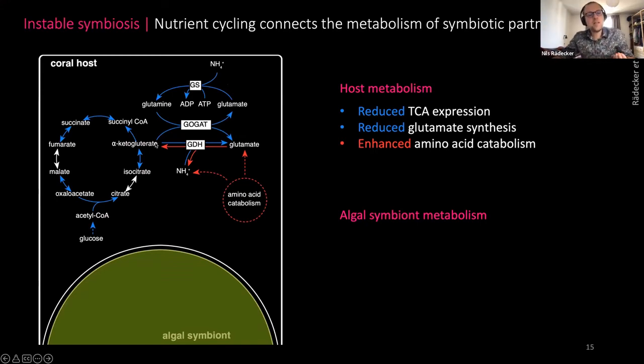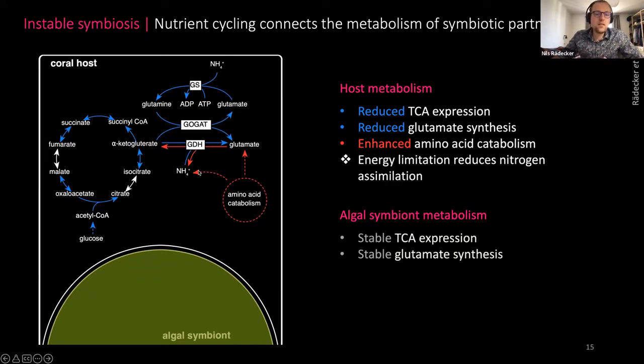And what we see now is that during heat stress, we have, as a consequence of energy limitation, less fixation of ammonium into amino acids and an increased degradation of amino acids to fuel the TCA cycle as an energy substrate. As a consequence of that, of course, we have reduced ammonium uptake and an increased release of ammonium in this metabolism.